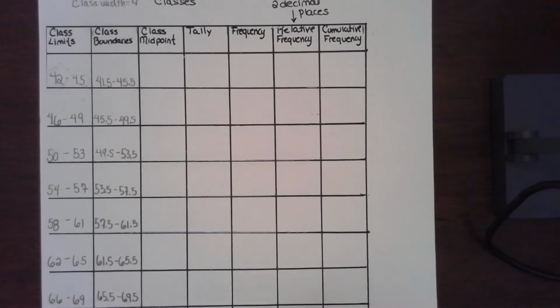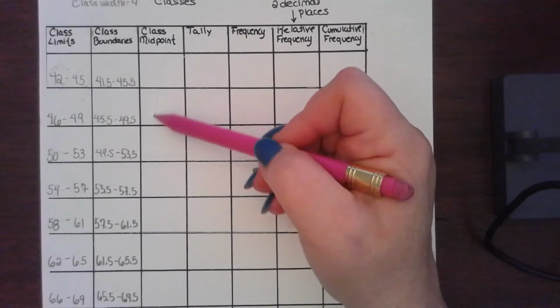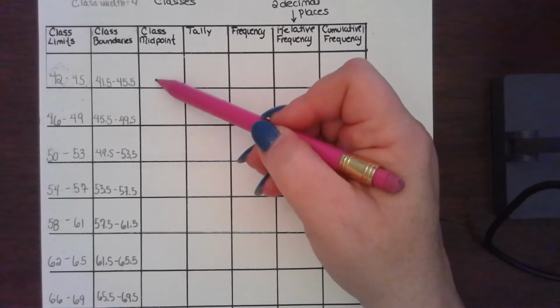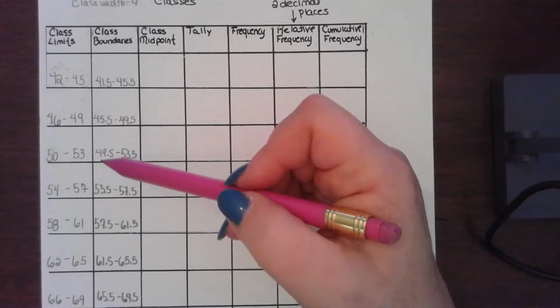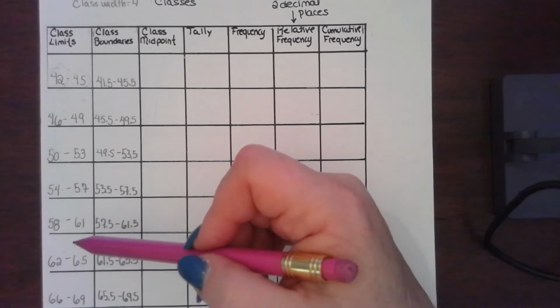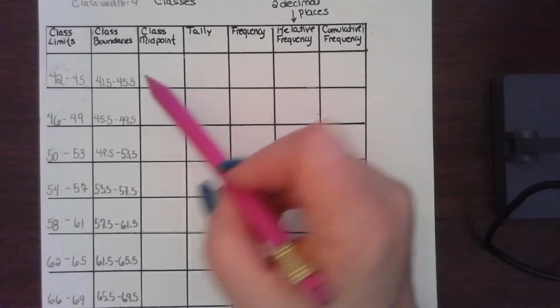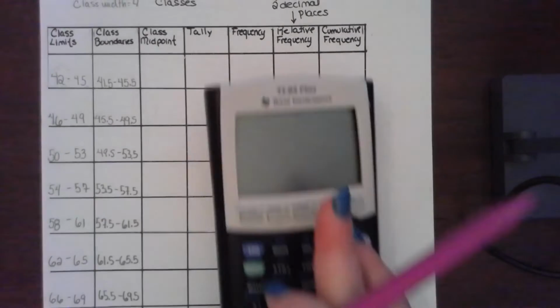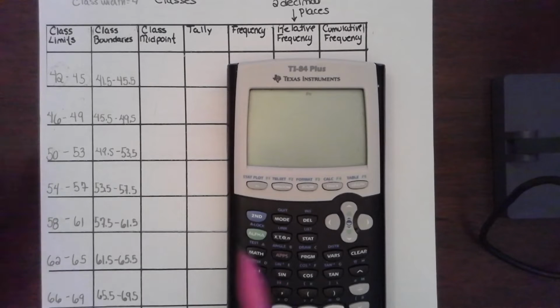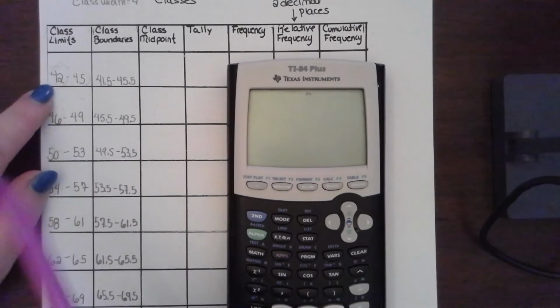The next thing we're going to do is our class midpoints. That is going to be our points where we connect our frequency polygon. By doing this, and I'm going to get my calculator out and show you, I add these two numbers and divide by 2.